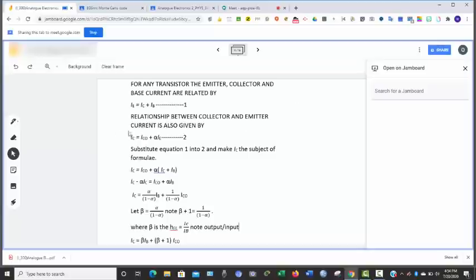Now it's just like the transistor is like this. So I have current flowing in like this, I have current flowing out like this. So this is my IB, this is my IE, this is my IC.